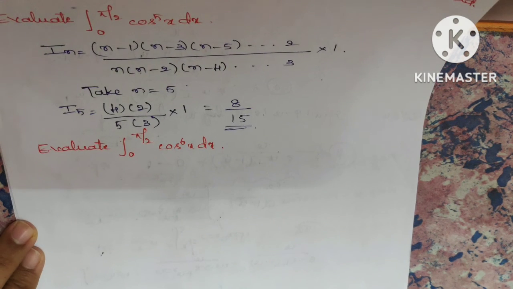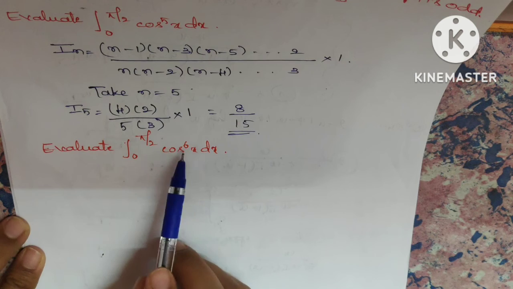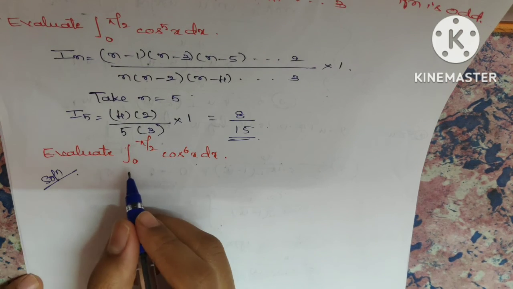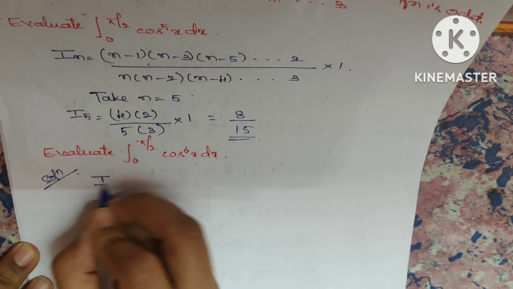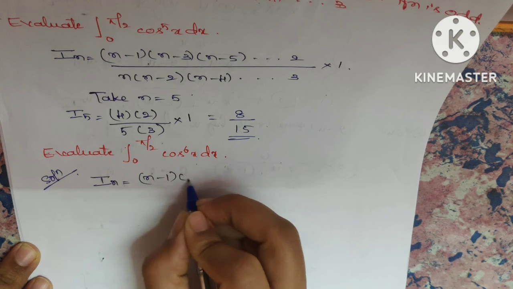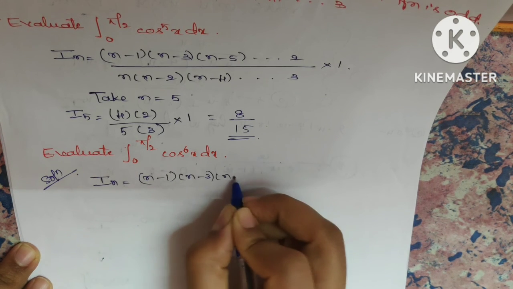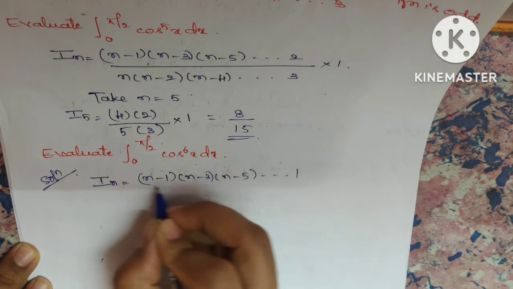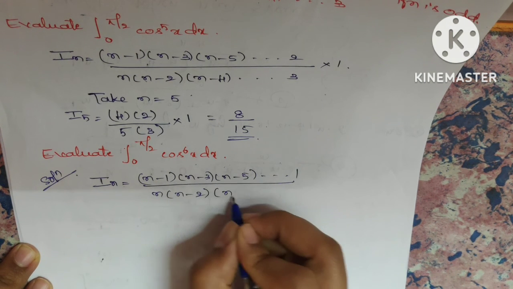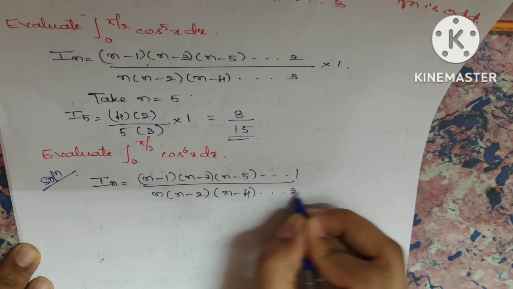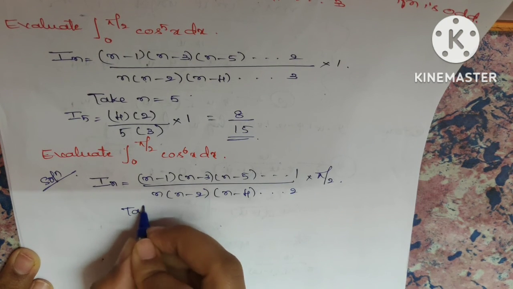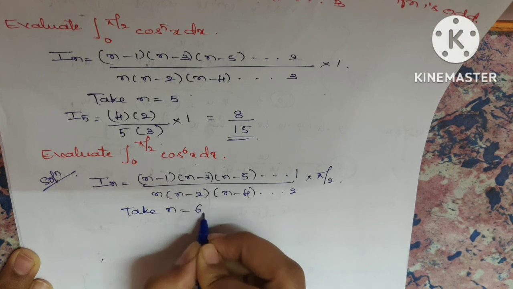Next, evaluate the integration from 0 to π/2 of cos^6 x dx. Solution. The reduction formula is I_n equals (n−1)(n−3)(n−5) and so on, 1, divided by n(n−2)(n−4) and so on, 2, times π/2. Here take n equals 6.